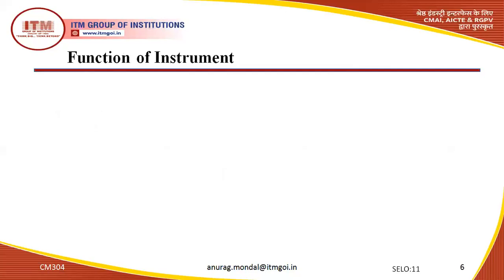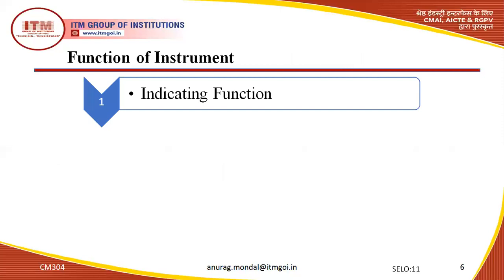Now, what is the function of an instrument? First function, the indicating function. There are various kinds of instruments. Some instruments have a display unit, which provides the measured quantity value on the display.